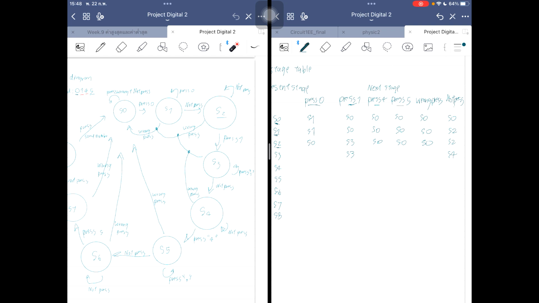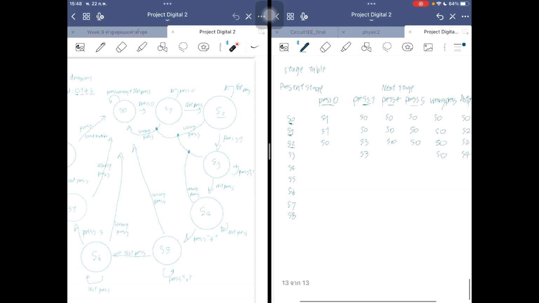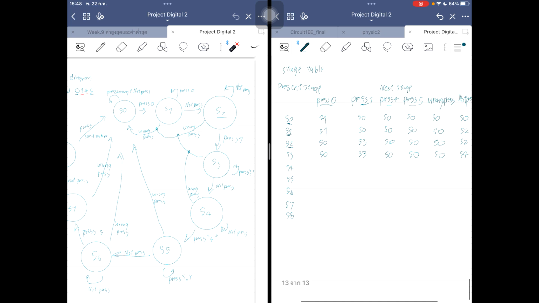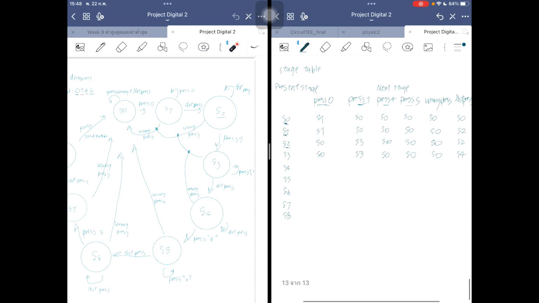But if you press wrong, it will go to state 0. Press 1, press 4, press 5, when you put inside state 3, is the wrong press case, so it will go to state 0 immediately. Okay, and this is all of state 3.